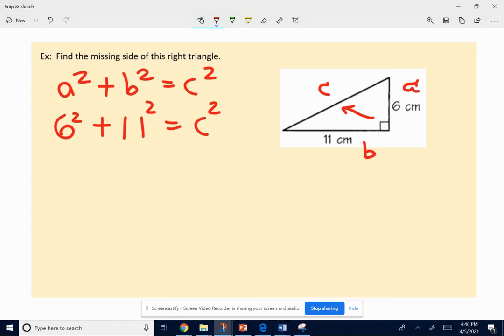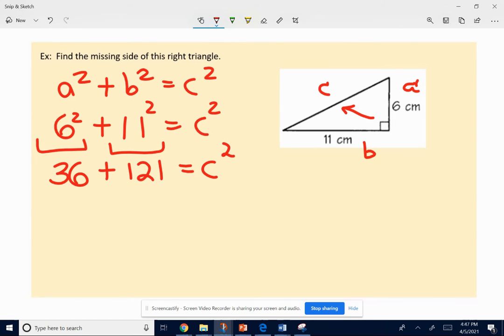So all I need to do is solve this equation to figure out what C is. The way you do it, do your exponents first, kind of like the order of operations, on the left-hand side. 6 times 6 is 36. 11 times 11 is 121. Bring everything else down.